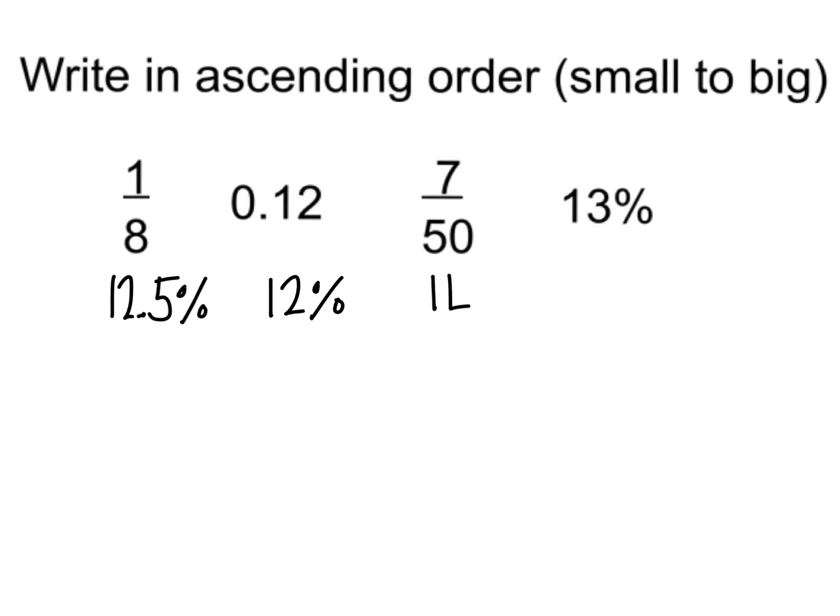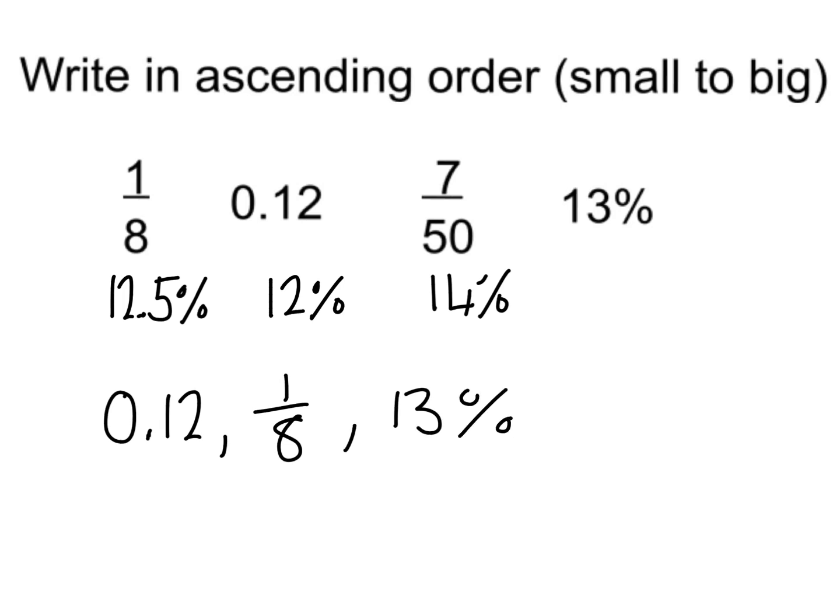And 14 out of 100 is just 14%. Then that one's already in a percentage. So which is the lowest here? The lowest was the 0.12, followed by the 1/8, then the 13%, and then the 7/50ths.